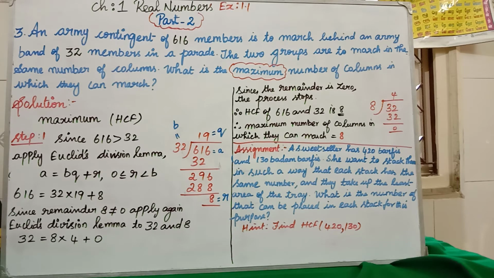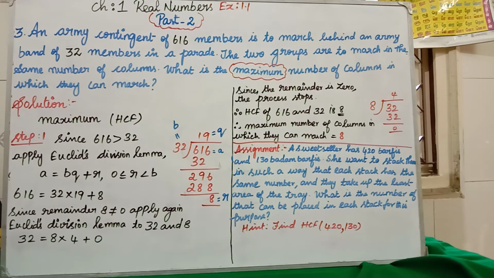What is the maximum number of columns in which they can march? That is what they are asking us to find.